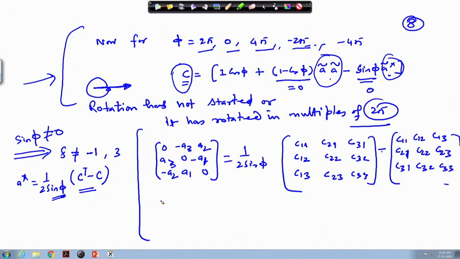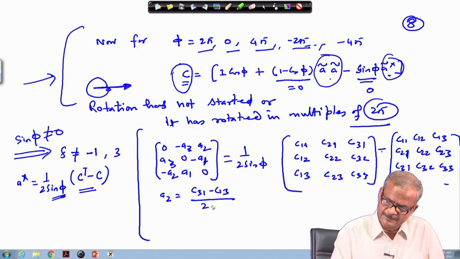So, if we do so, we will be able to get the quantities A 1, A 2, A 3 etcetera. So, what we see is that A 2 from this place is this minus this. So, C 3 1 minus C 1 3 divided by 2 sin phi, okay, A 2. Okay.